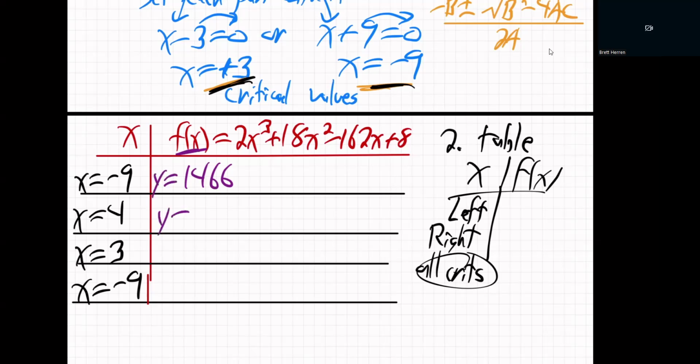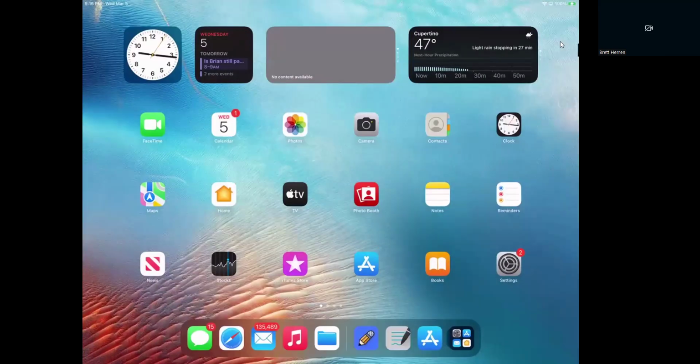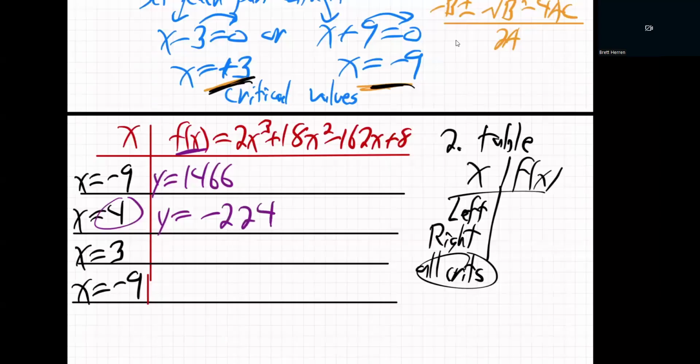Now I'm going to go back and put in 4. Replace that -9 with 4. Getting -224. Now I'm going to go back and put in 3.